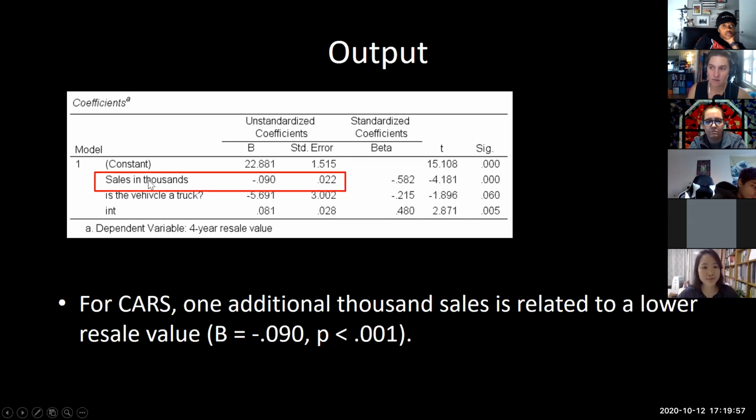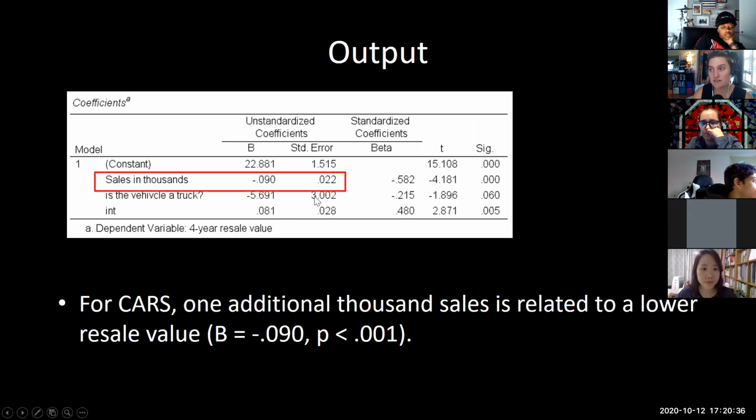So now here, for sales in thousands, remember how before with your constant, you always had to interpret it at 0? And in your regular model, you had to say that to interpret one of these values, you had to keep the others constant. So now with an interaction in the model, you have to ramp up your specificity. And so here, what we'll say is that for cars, because that's holding this at 0.